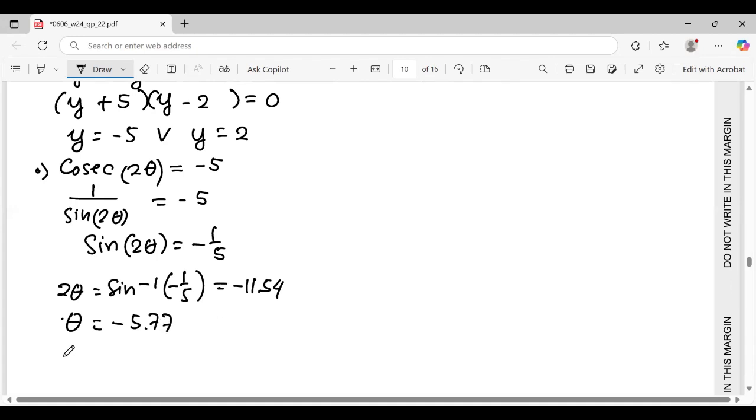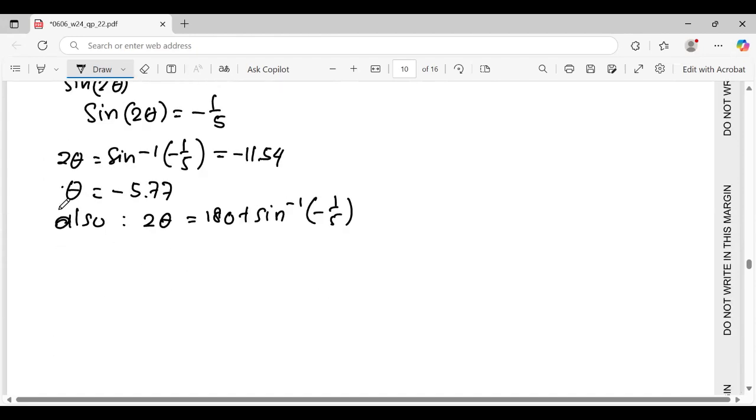Also 2 theta equal 180 minus sine power minus 1 of minus 1/5, that means 180 plus sine power minus 1 of 1/5. So this is 191.5.